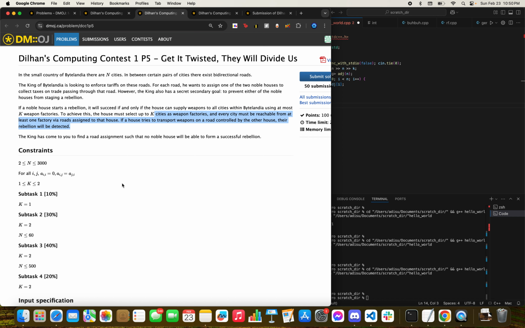God, it's 10 points. This has to be like easy. Okay, I know for a complete graph it's impossible, but like a smaller graph maybe? I don't know.